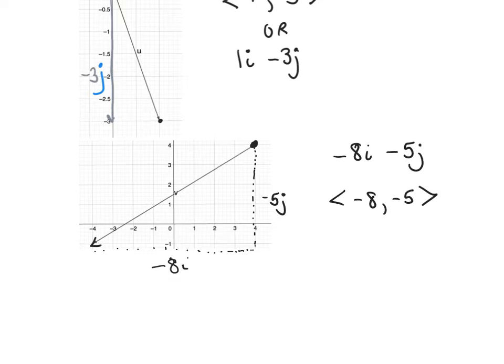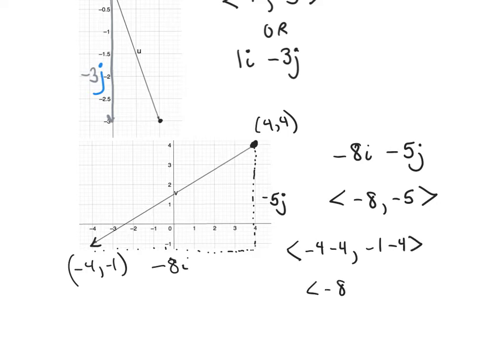Some other people would say, well, you could just take these points, which are 4, 4 for the tail, and this would be -4, -1 for the head. And if I subtract those points, the second one, which is -4, minus the first one, which is 4, and then the second one, -1, minus the first one, then I'll get the same thing.